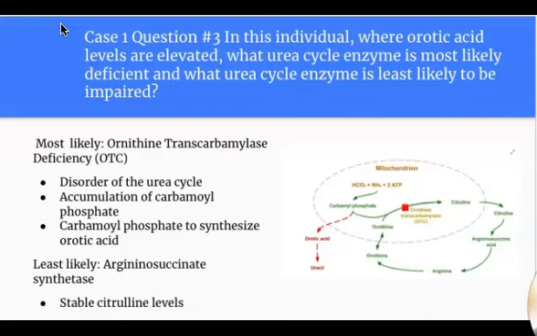OTC deficiency is a very common disorder of the urea cycle. The deficiency leads to the accumulation of carbamyl phosphate. Carbamyl phosphate is redirected to the synthesis of orotic acid, thus elevating the levels. Arginosuccinate synthetase would be the enzyme that is least likely impaired because the citrulline levels remain normal in this patient.